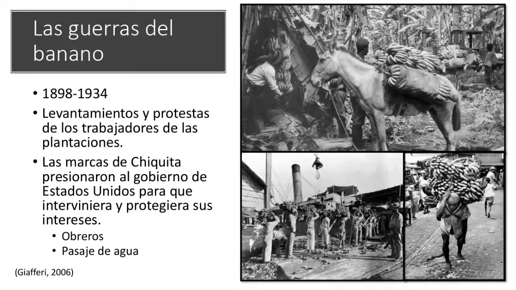The mistreatment in these poor conditions led to what is known as the Banana Wars that occurred between 1898 and 1934. Workers would basically protest against the corporations, particularly Chiquita, because it was the dominating company at the time. Chiquita, as you know, was founded by a man from the United States, and they were located in the United States.